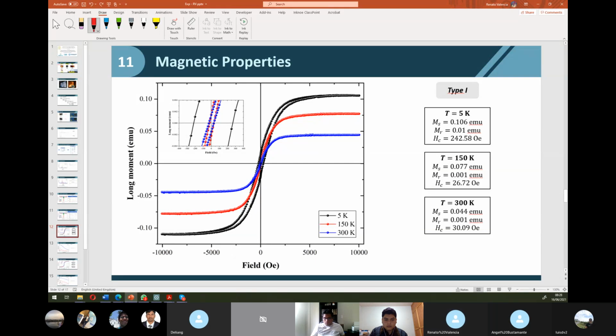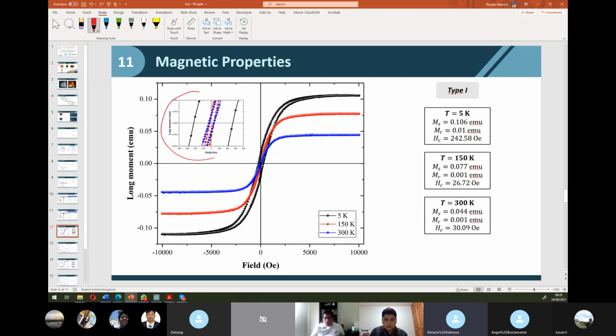This curve is long moment versus external field. One curve is for 5 Kelvin, the black color, and others for 115 Kelvin and 300 Kelvin.